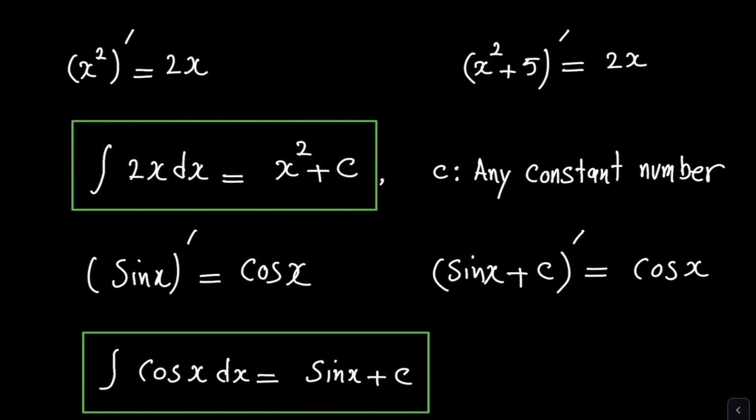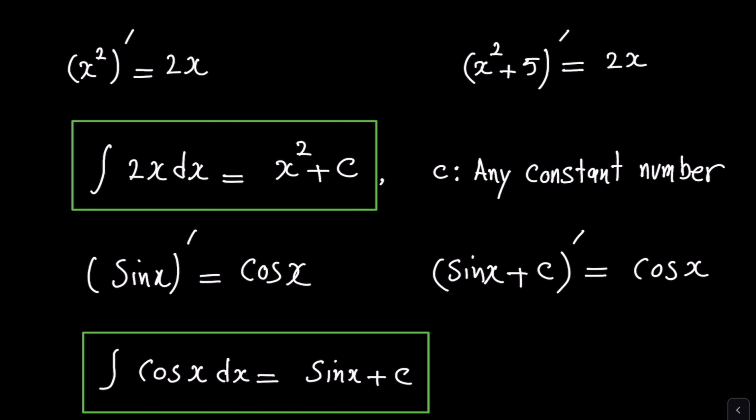So if you have one antiderivative, then you can add any constant to that antiderivative and still you will get an antiderivative. And the set of all antiderivatives of the function 2x is going to be of the form x squared plus some constant. This is the way that we write this set of antiderivatives, and this is called the indefinite integral of 2x.